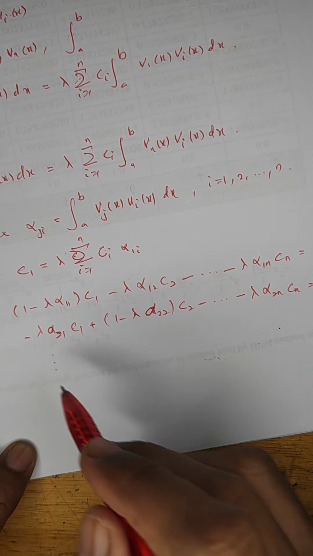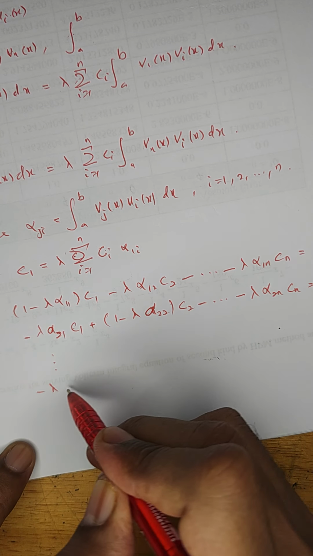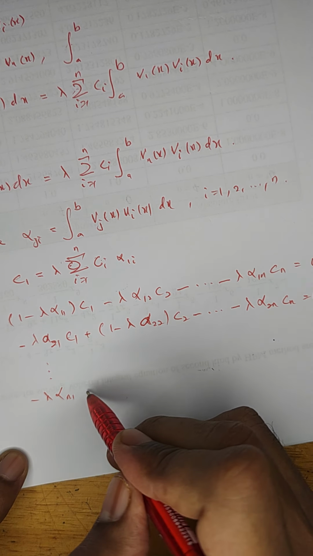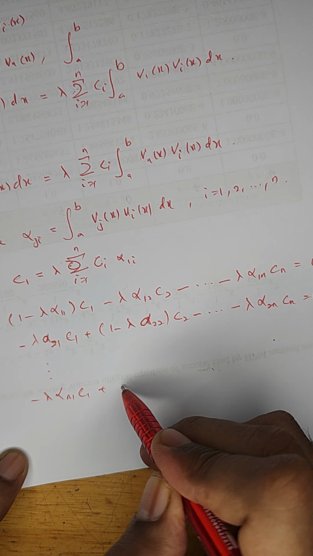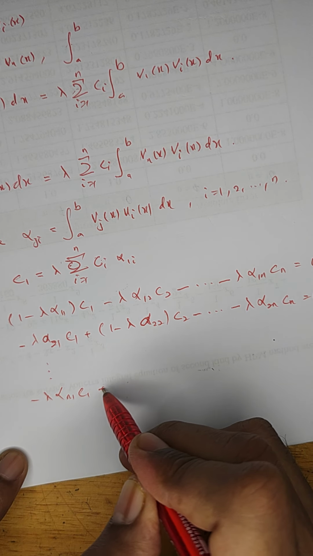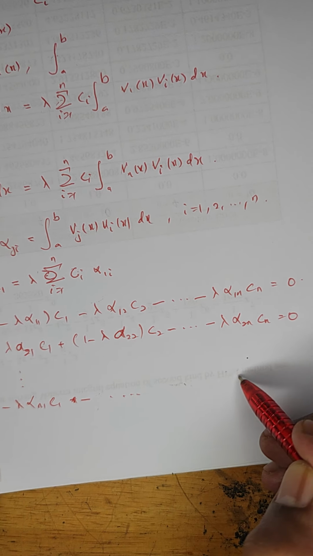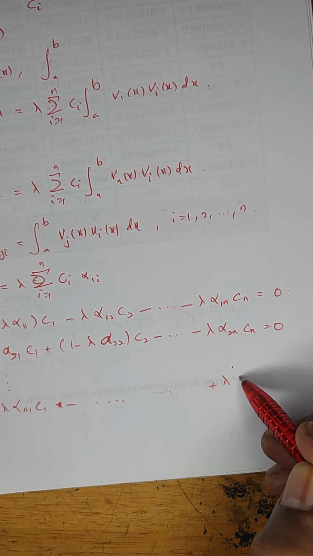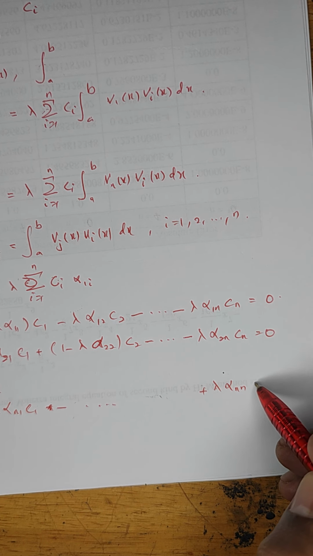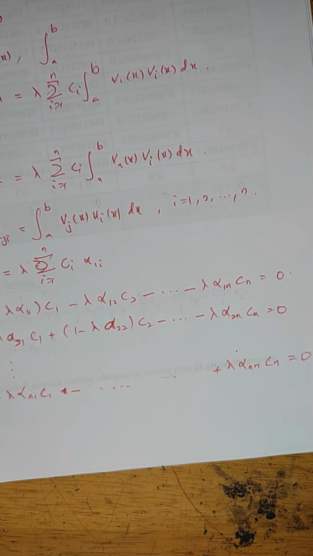And you proceed this, you are going to have minus lambda alpha n1 C1 and so on, in the end we have (1 minus lambda alpha nn) Cn equal to 0.